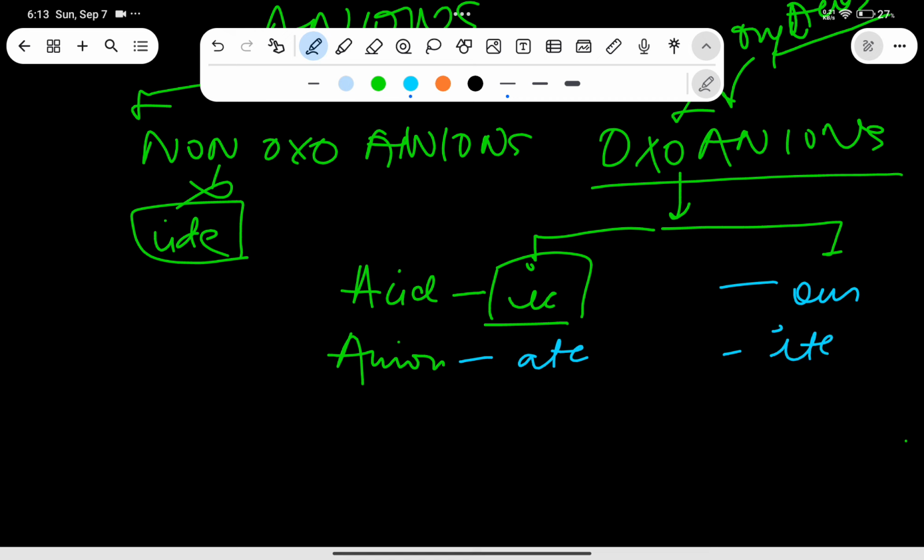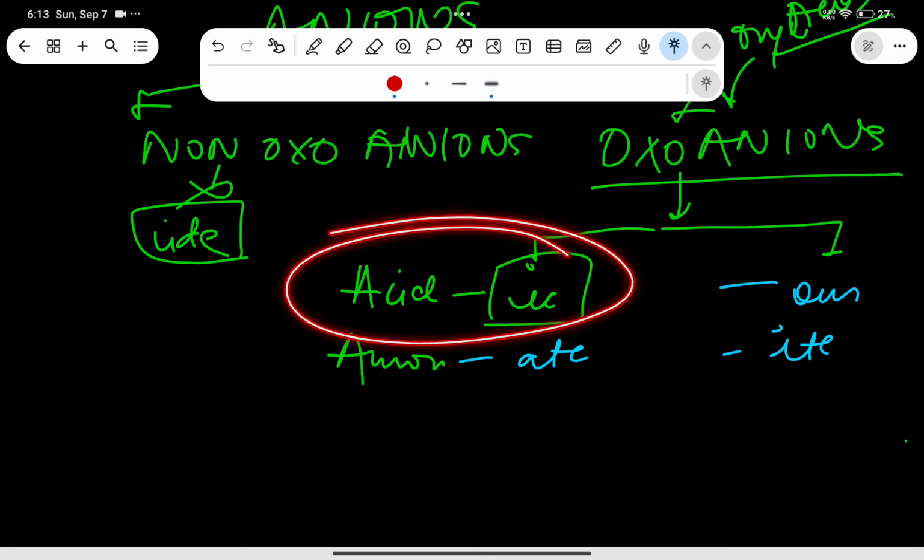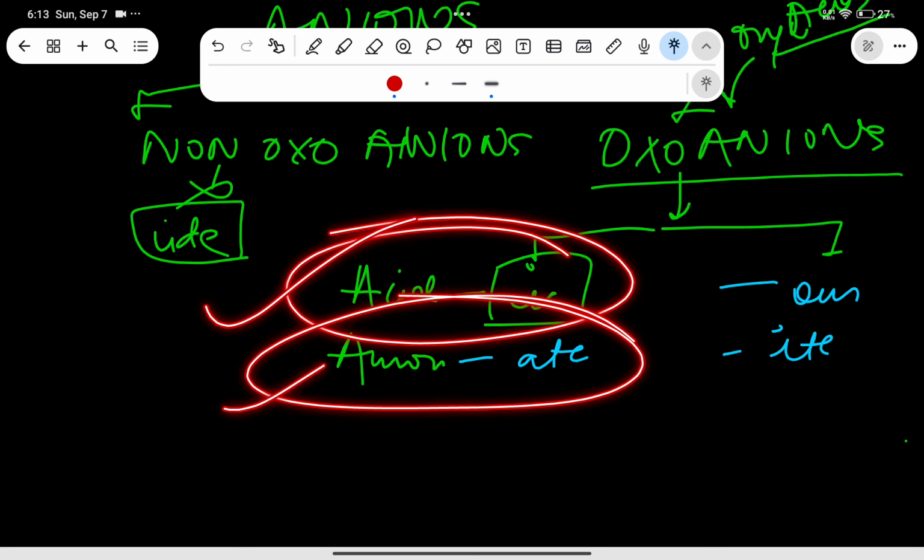So this is the general rule. We'll cover oxoanions and how to name them in detail, taking 4 points and writing all the examples in tabular format, and you'll understand it beautifully. But here, for the sake of understanding, this is acid and this is anion.